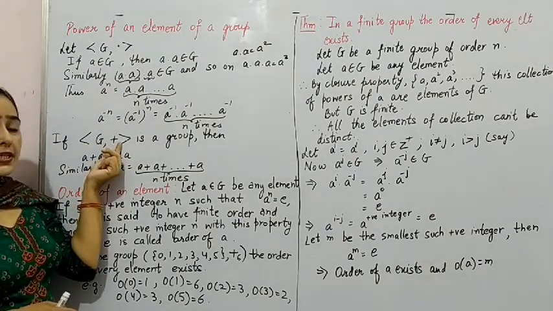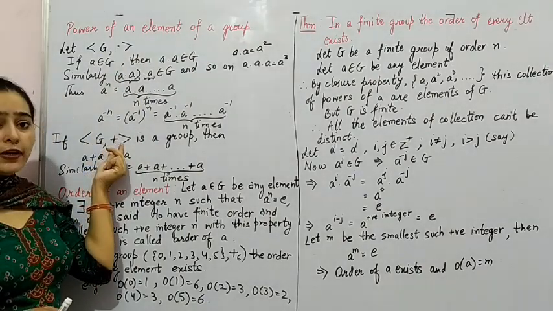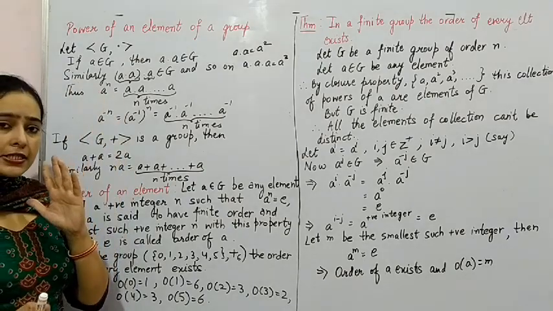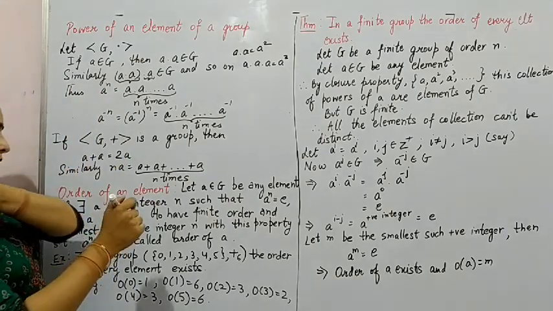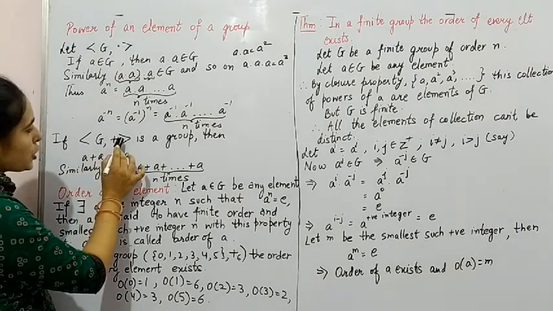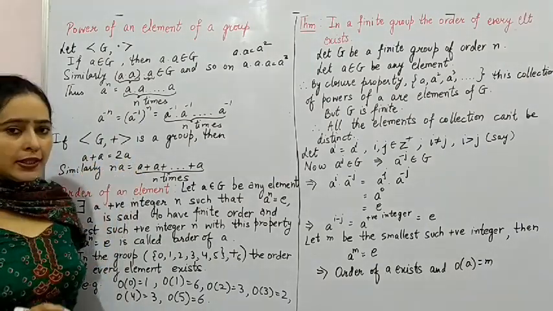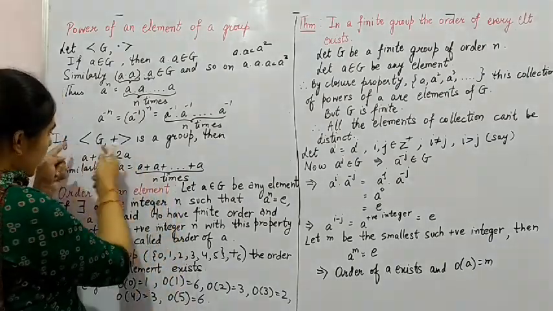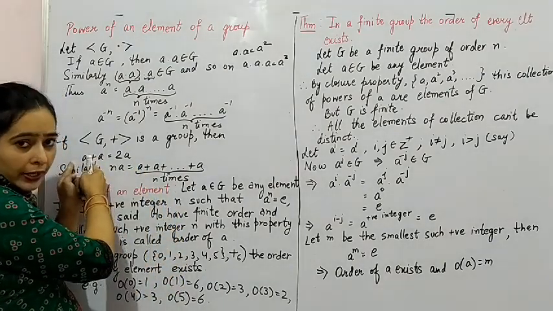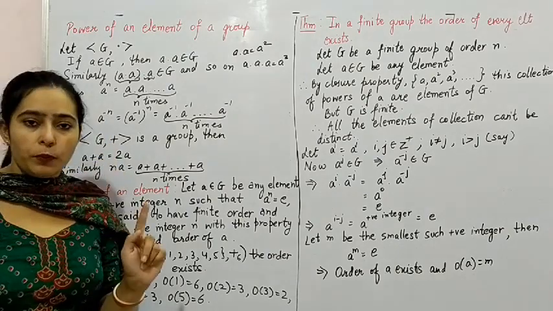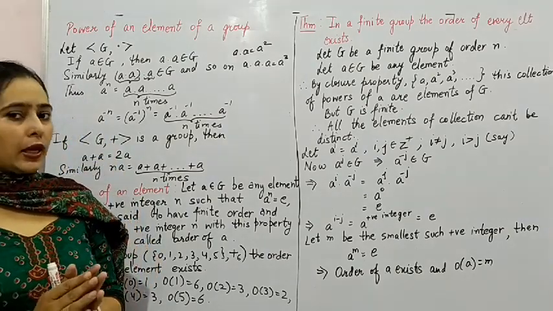If we take the operation of addition, then the power of an element will take a different form. Now let's see how. If the operation is addition, then a plus a is equal to 2a. This will belong to G. Why? a is an element of the group, and if we operate on two elements of the group, the answer should be an element of the group.